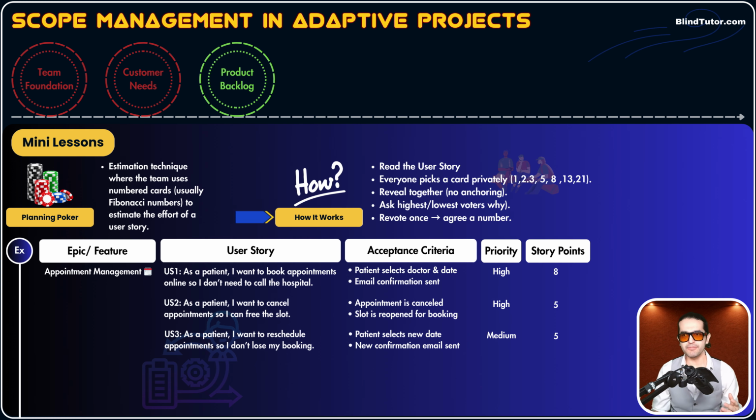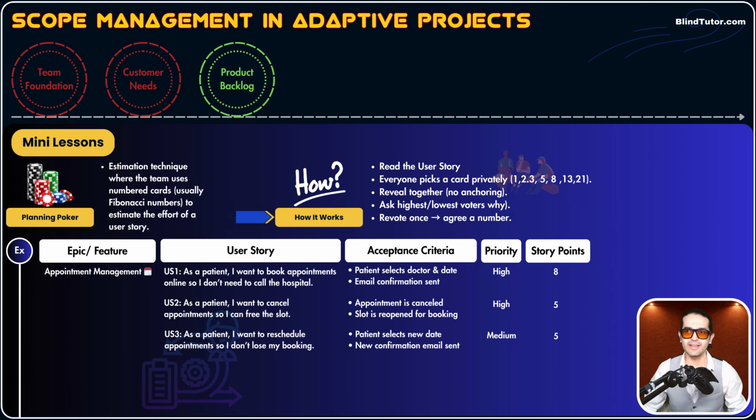For example, if the team's speed or velocity is 13 story points per sprint, in sprint planning we would know that for the next sprint the team could do US1 and US2, because 8 plus 5 is 13. So they could do 13 story points, and they could focus on US1 and US2.